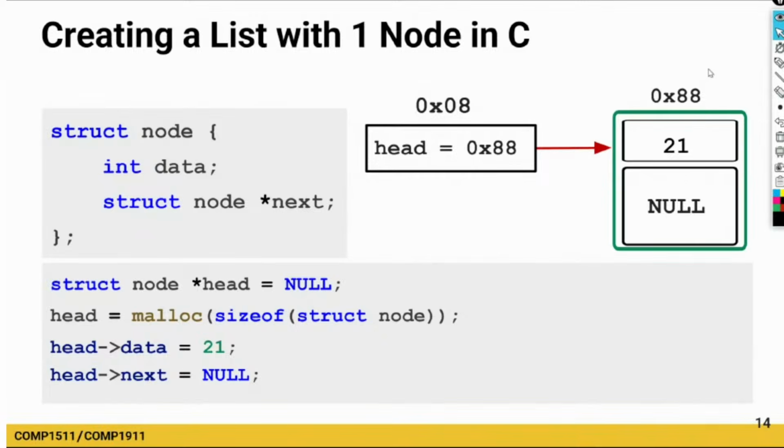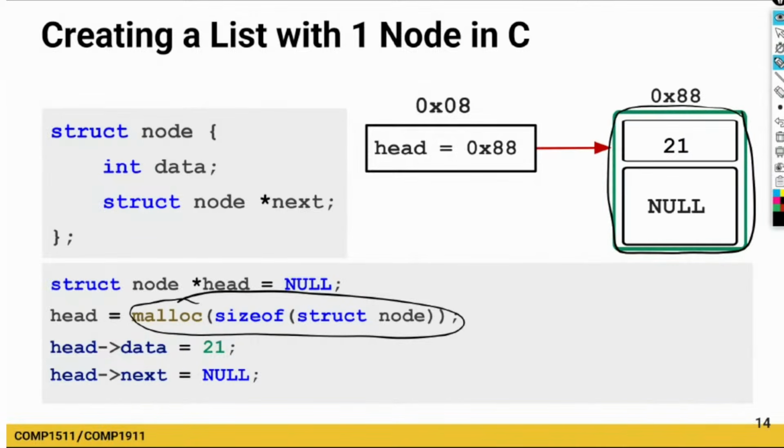So if I do want to create a node, and we did write a function called create node, but this is what it kind of did. Well, we've got to do a malloc. And the malloc creates this chunk of memory of the appropriate size. And then malloc returns an address. We're going to store that in our head or list or whatever we've called it variable.